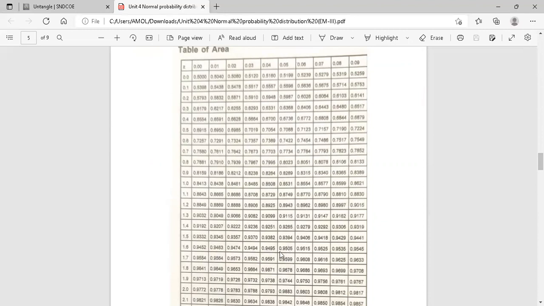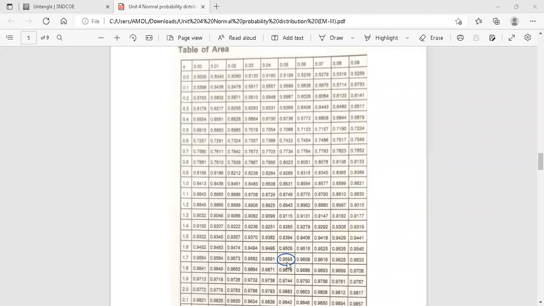This is your area, 0.9599. This is your area of 1.75.